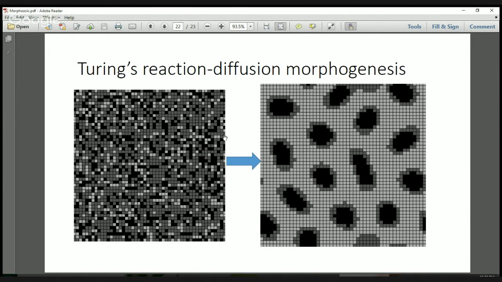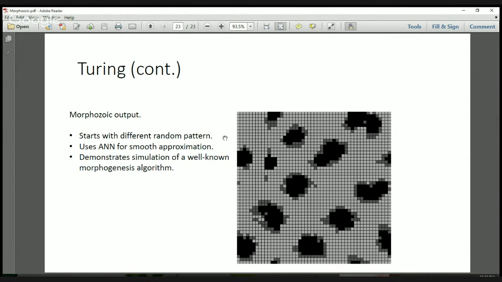The pattern I selected here is sometimes called the cheetah pattern. It looks like a cheetah coat, sort of. So after a while, I'll show you how this actually starts up and gets to that point. What we want to do is try to get the Morphozoic to see if it could actually watch the Turing diffusion reaction and produce something from learning from that.